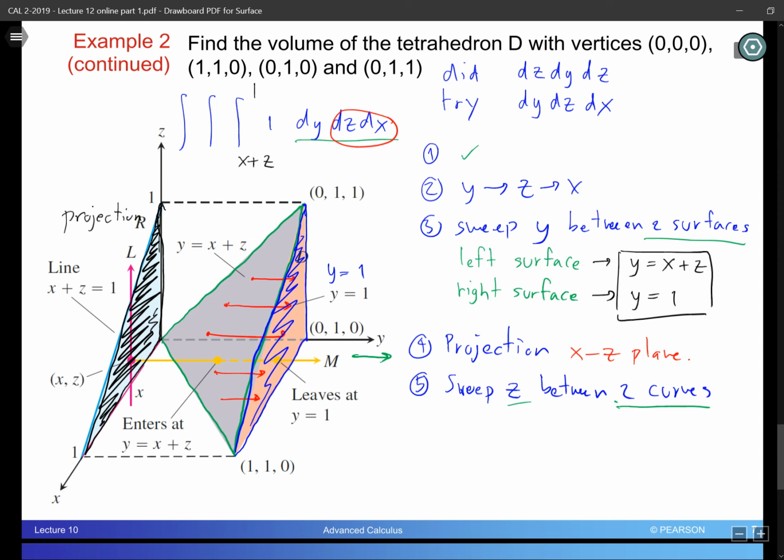As you can see here, z is going to sweep from the x-axis to the straight line up here. So we have one curve at the bottom and one curve at the top. The bottom curve is z equal to 0, the x-axis.